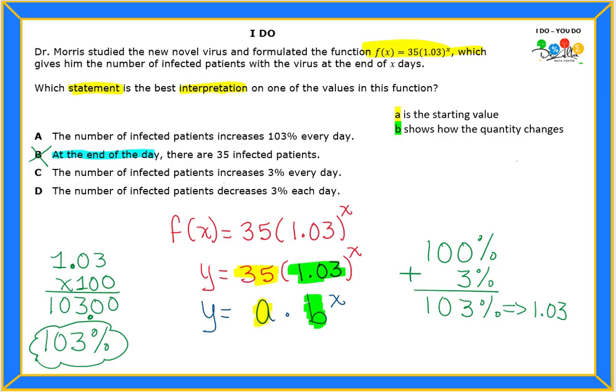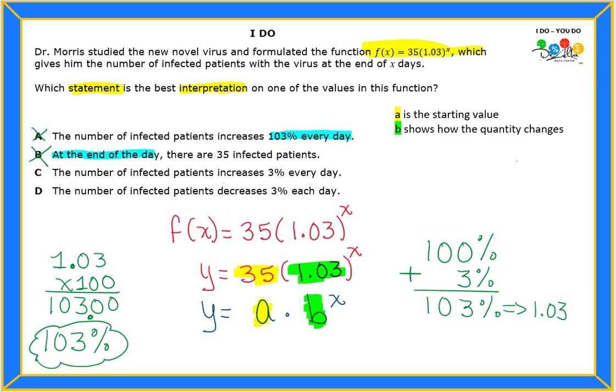I do see letter A that says the number of infected patients increases 103% every day. Is that true? It increases 103% every day? No, right? It increases 3%, which combined with the 100 gives you 103. But it's not 103 every day. So no, it's not letter A, because it's not increasing 103 every day.